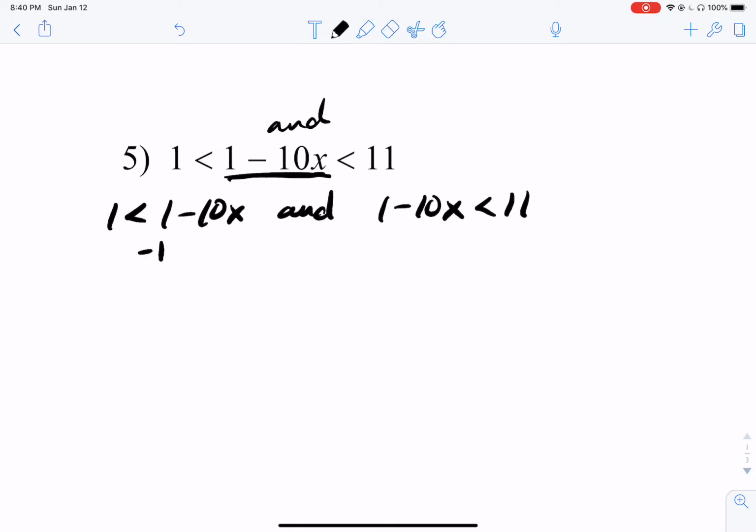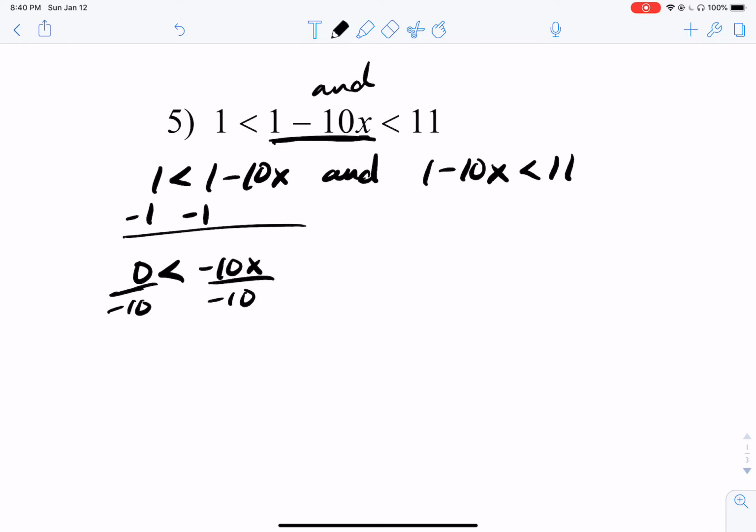So we're going to subtract 1 from both sides. That means that 0 is less than negative 10x. We divide by negative 10. And because we're dividing by a negative number, this inequality is going to change. So 0 would be greater than x, okay?